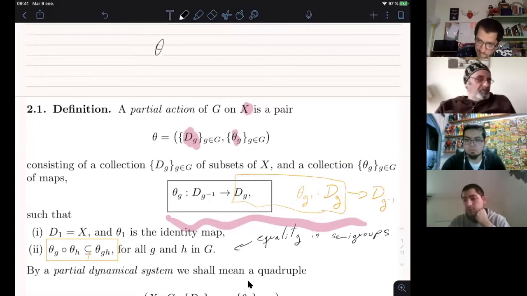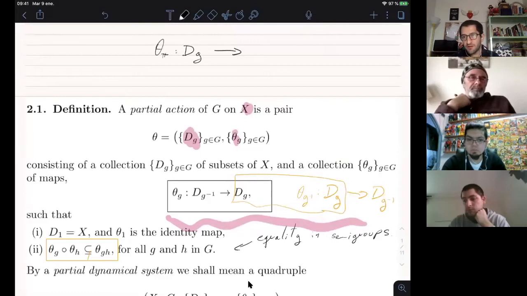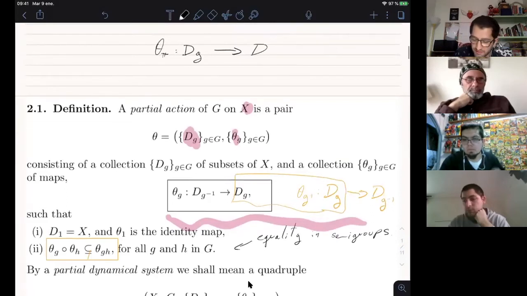You are right, this does not appear directly. It's not said explicitly, but I think that it should be a little remark about it, because at least to me it sounds a bit strange that we can have something like this, right?